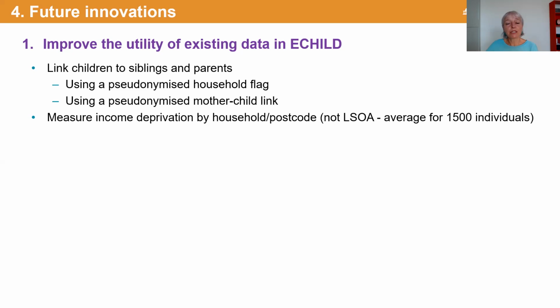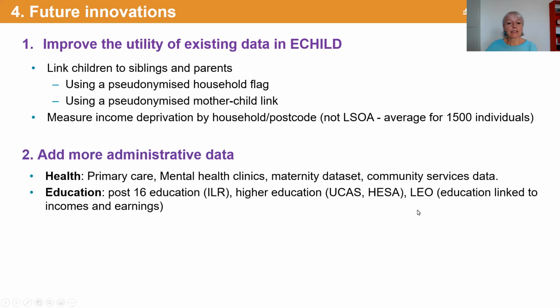This results in dilution bias, which underestimates the impact of income deprivation on child health and education. So it's really important to address this, as we're increasingly concerned about widening disparities and increased poverty as we move out of COVID. A second innovation is to add administrative data.